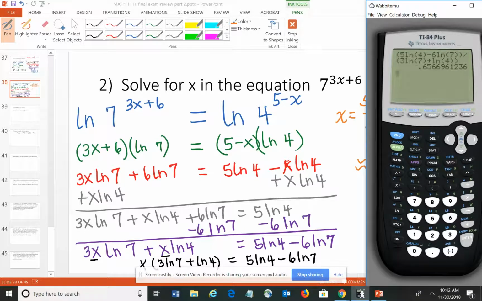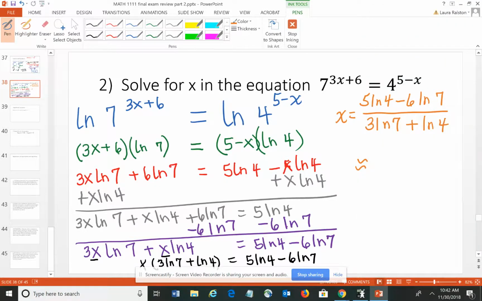We hit enter, and we get approximately negative 0.657.